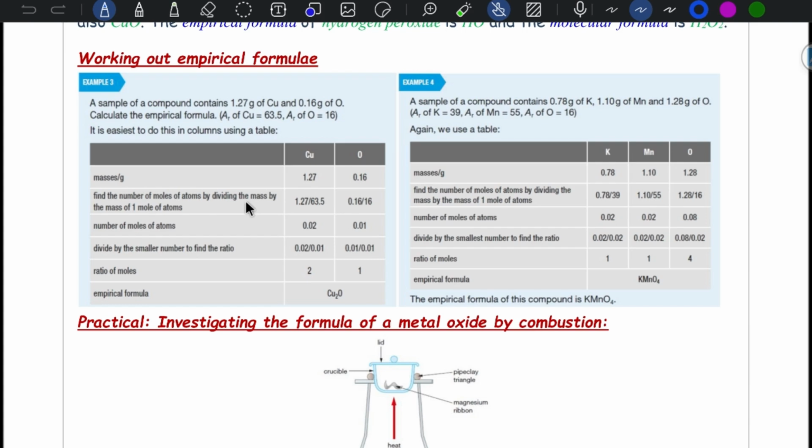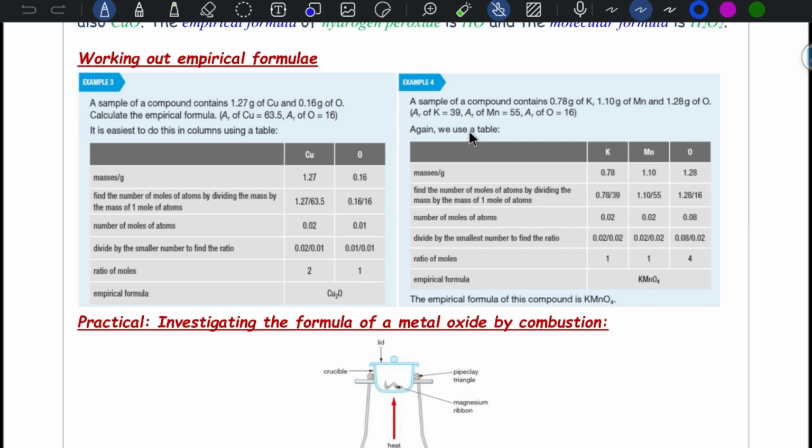Find the number of moles of each one by dividing mass over the mass of 1 mole, or molar mass. So 1.27 divided by 63.5 and 0.16 divided by 16. Then after you calculate the number of moles of each, divide by the smallest one to get whole numbers. You will find the ratio 2 to 1, this means Cu2O is the empirical formula.